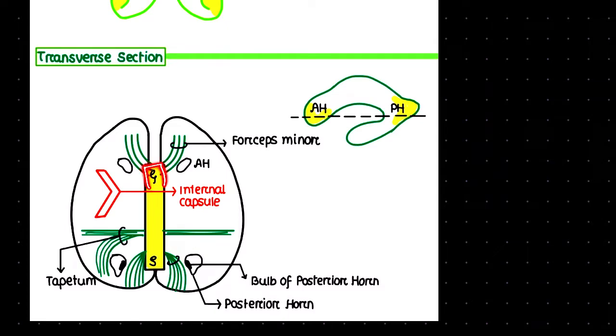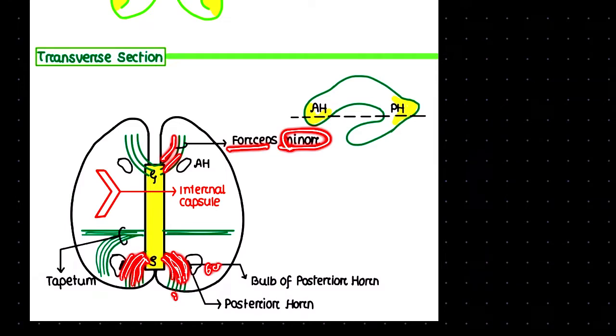That means from the genu there are fibers originating and going toward the frontal lobe, the frontmost part of our brain. These are of lesser length than the posterior fibers. So these are called forceps minor. Similarly, from the splenium there are fibers that originate and go all the way to the occipital lobe.